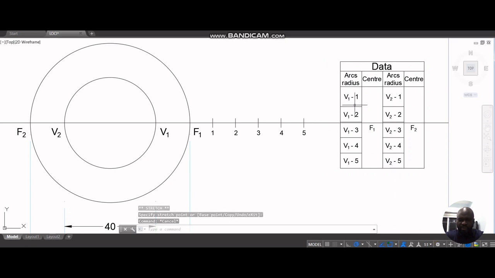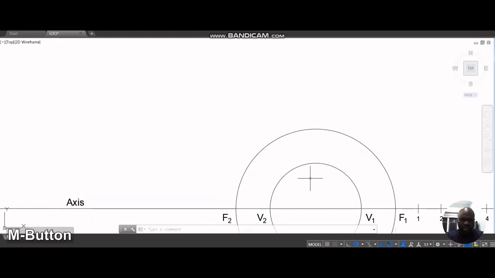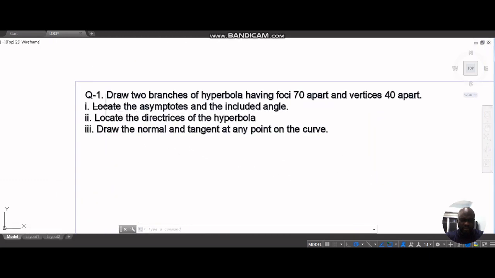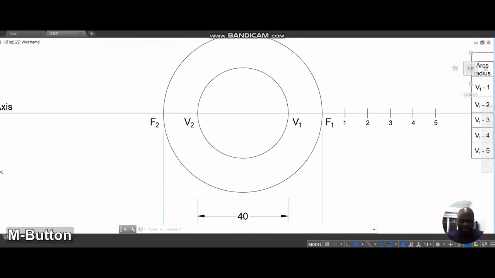With this, we would know what our centers are and what arcs we are to cut, since we're using the arcs of circle method. But before that, let us look at the asymptotes. One of the questions: locate the asymptotes and the included angle. Let us also look at the directrices of the hyperbola. Those two we can do before we start construction.